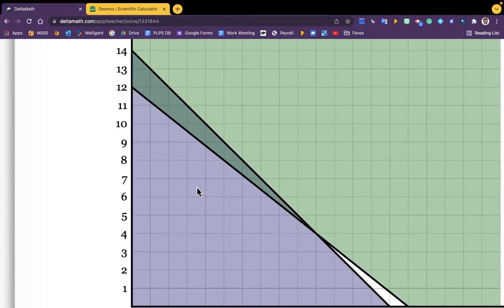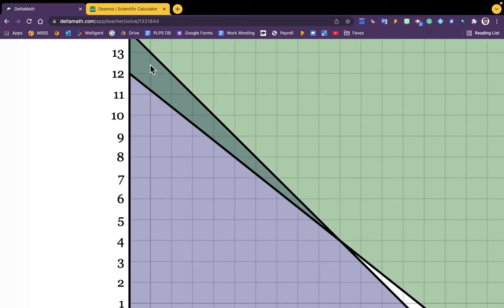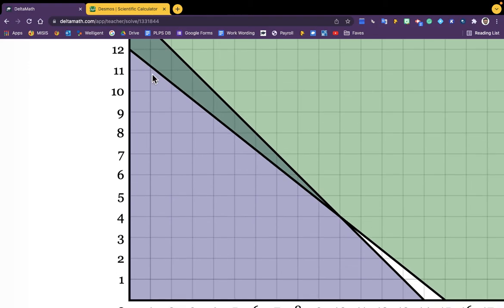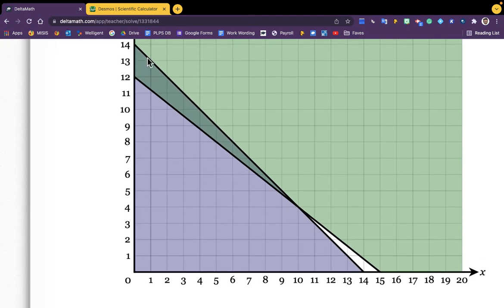So, kiddos, what we need to do is find a point that's in this area right here. Does everyone see this point right here? That one would be, let's see, X would be 1 hour babysitting and 12 hours walking dogs.